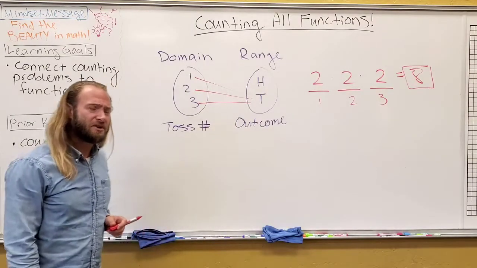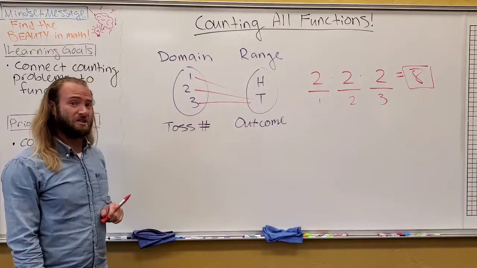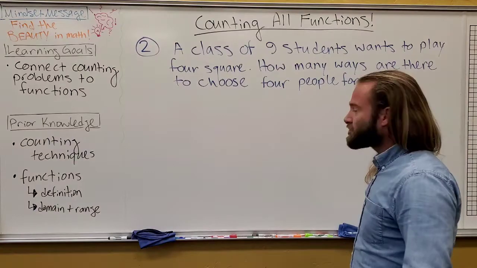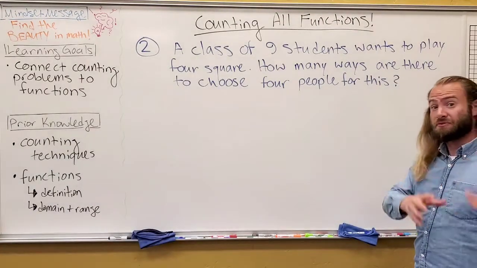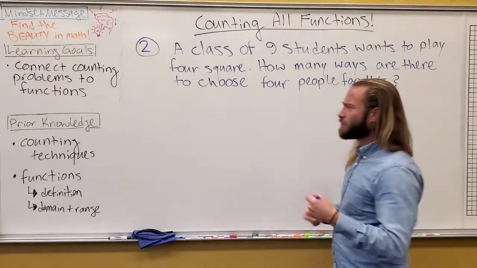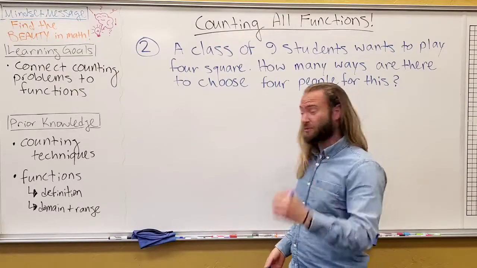Let's take a look at another example that is fundamentally different from these functions here. So here we have a class of 9 students and they're trying to play Foursquare. How many ways are there to choose 4 of them to play this game? Now of course, if you're familiar with Foursquare, you can kind of change in, but let's just say to start the game out, you've got to choose 4 people.